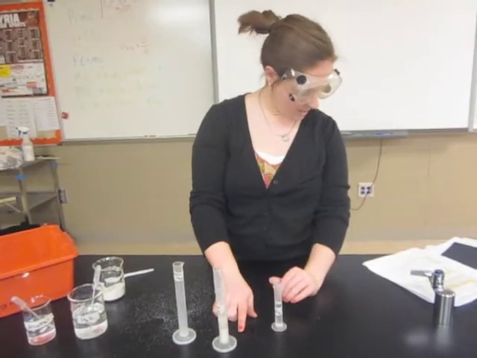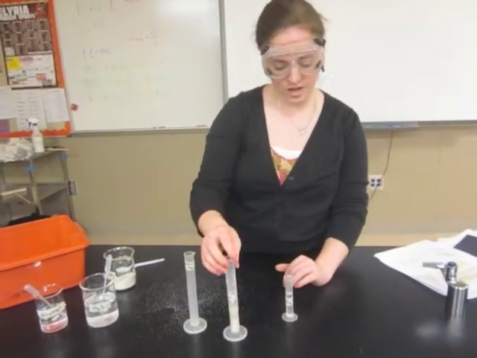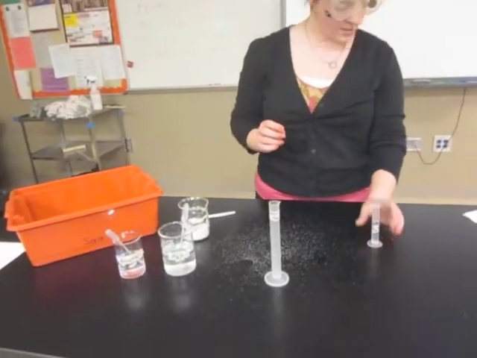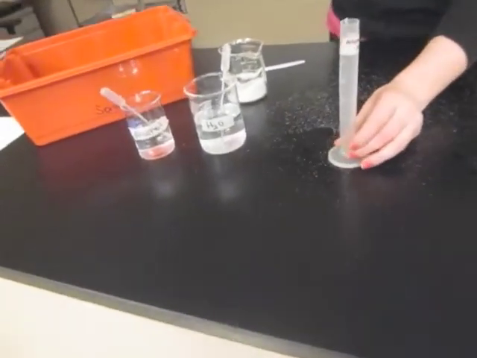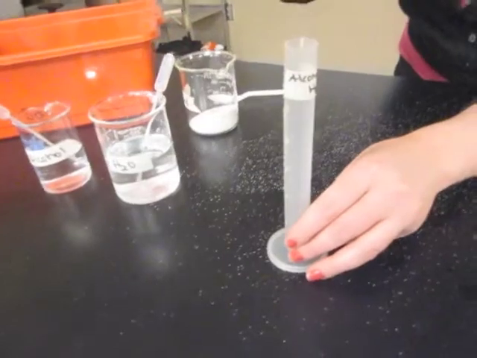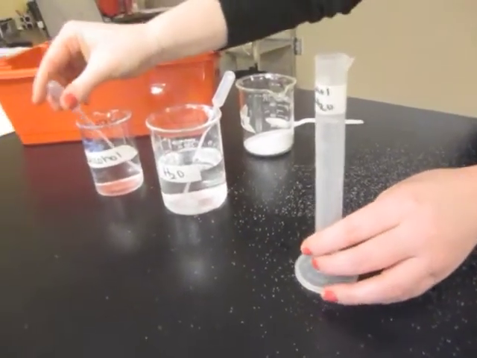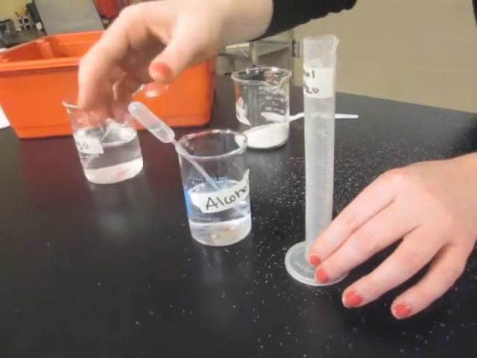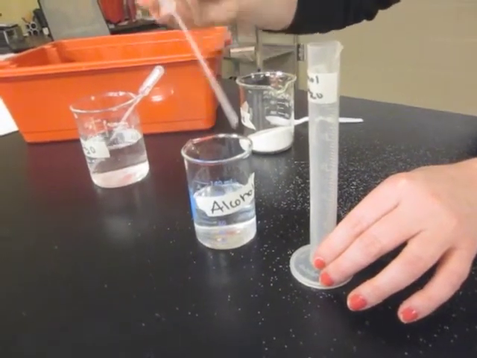Now let's investigate it one more time. This time we're going to use isopropyl alcohol and water one more time. You want to put 10 milliliters of isopropyl alcohol into your graduated cylinder. You want to use the pipette so it doesn't get all over you or anyone else.